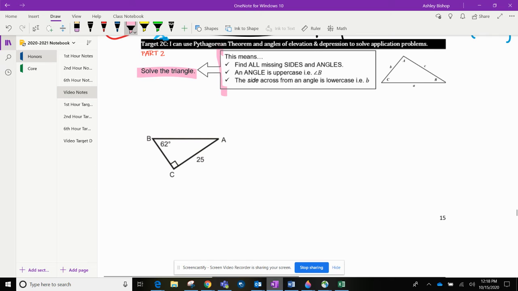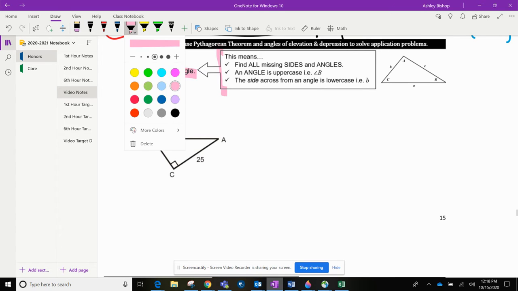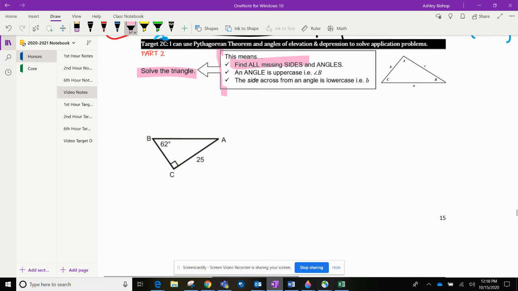So when we solve a triangle, we want to make sure that we have all of the pieces of information for all 3 side lengths and all 3 angle measures. And so we want to make sure we have all of those. So that's what this says here. And then we are going to want to make sure that we know that we label angles with an uppercase letter. So for instance, this angle B, that's angle B, uppercase.